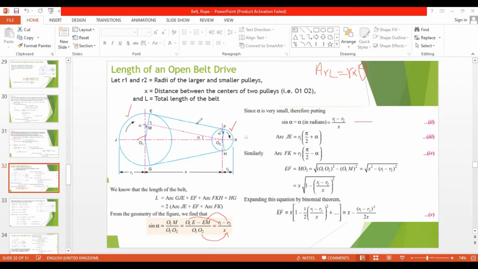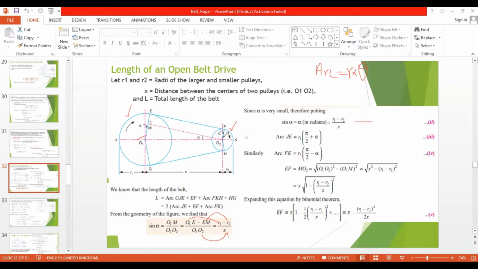Now we need to find this length EF. EF is actually the same as MO2; they are equal in length. So even if we find MO2, that will be fine.